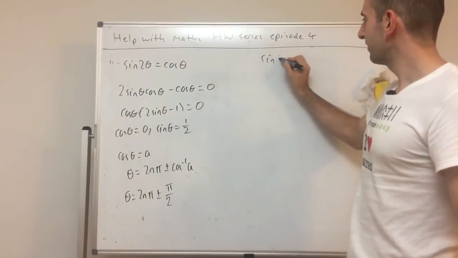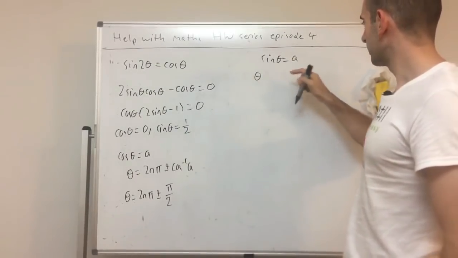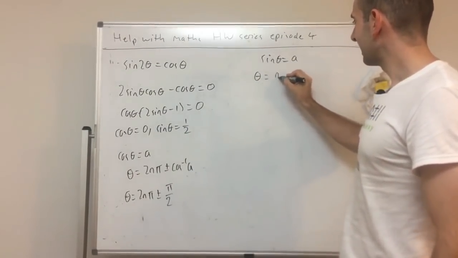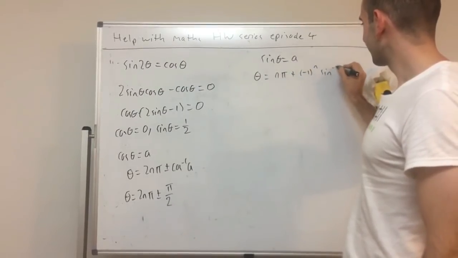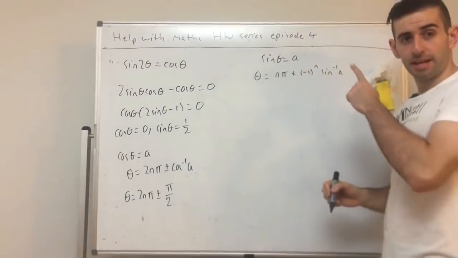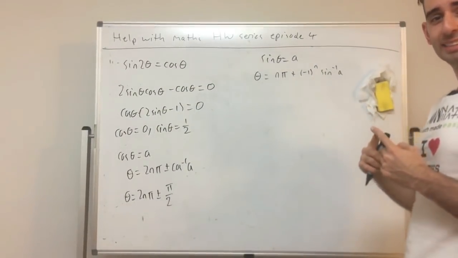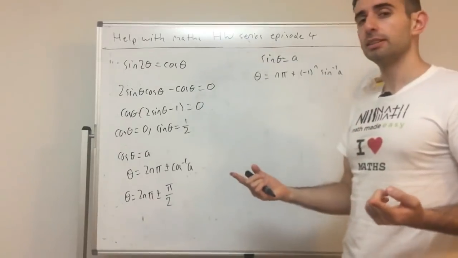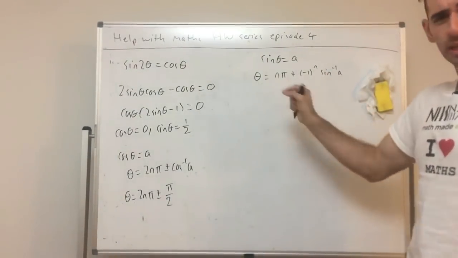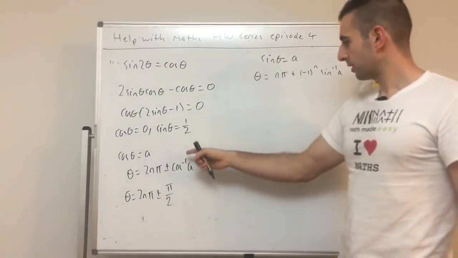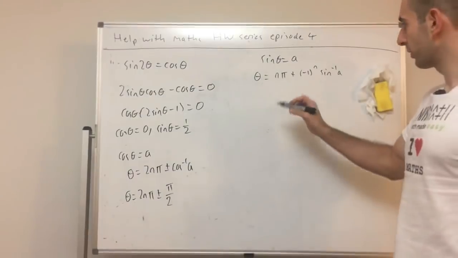So if sine theta equals A, the general solution is n pi plus negative 1 to the n sine inverse A. Now there are 2 different formulas if we split n into even and odd cases, but why learn 2 formulas when you can just learn 1? So this is a better formula to learn. It covers all cases. So then sine inverse a half is pi on 6, right? 30 degrees.